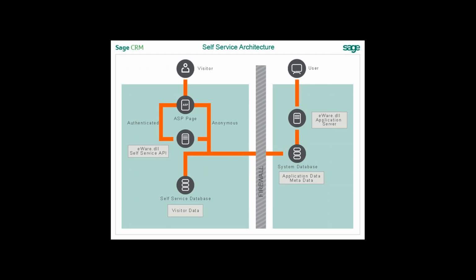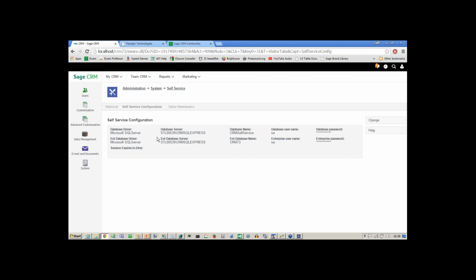So we can configure this with those two settings. So we point the main CRM install to the enterprise database server, and we point the self-service database in the correct location as well.